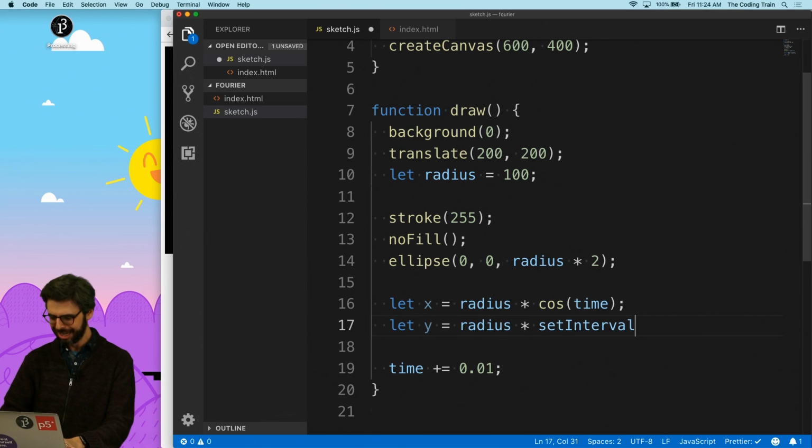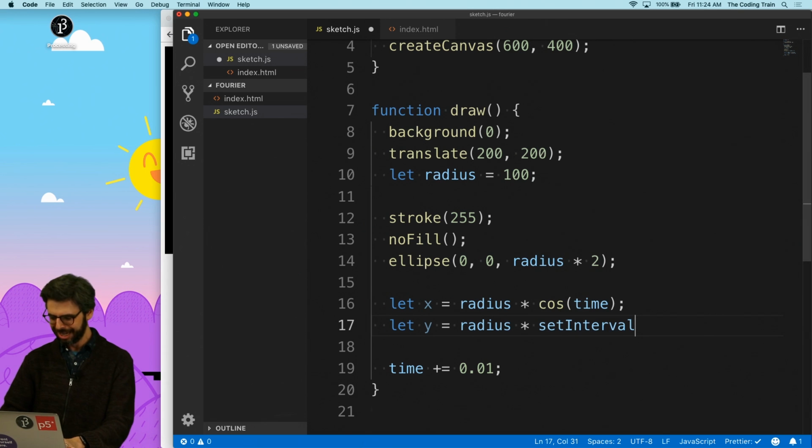Point xy, I'm going to say stroke 255, and actually let's make this a circle also. So we're going to say ellipse xy, we're just going to make it smaller, like 8 pixels, and let's also say fill 255. And here we go. Look at that. There's that circle moving.